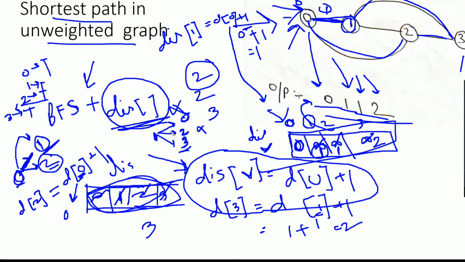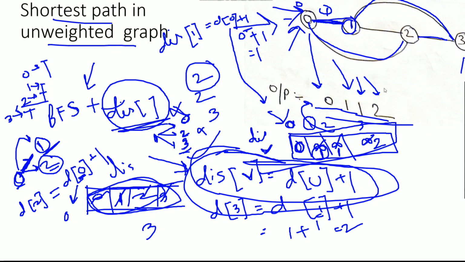We need to create this extra distance array and use this formula. And if we think logically, this formula actually makes sense. Suppose our starting vertex is vertex 0 and we are going to use BFS, and we iterate to vertex 1. The distance between 0 and 1 is always a unit edge.